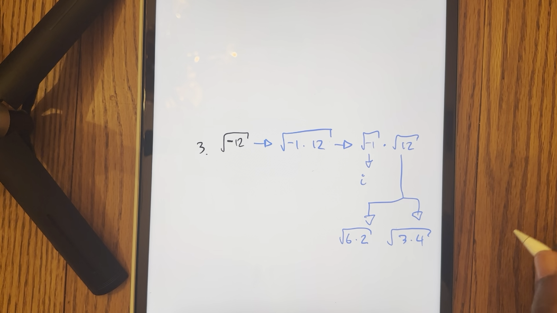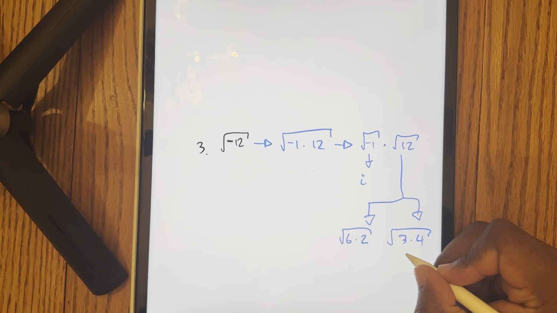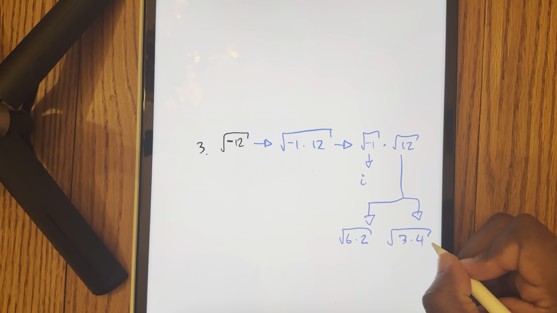You always want to reduce a radical to the prime factorization tree, in other words, where, if possible, one number is a prime and the other can be a squared number if you need. So in this situation, 3 is the prime and 4 is a squared number.